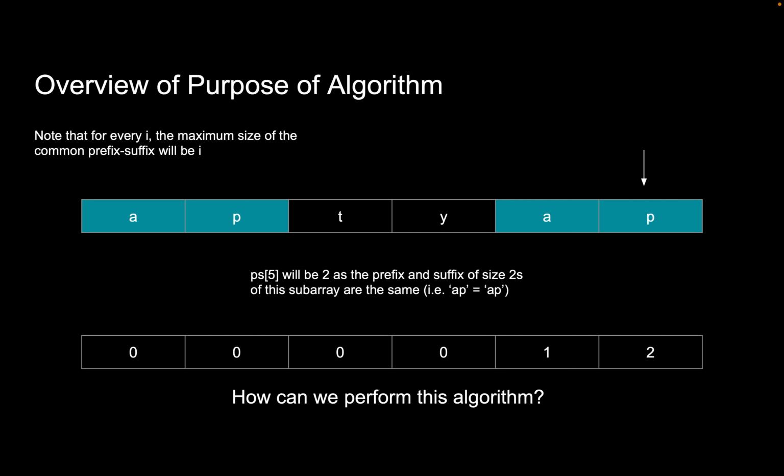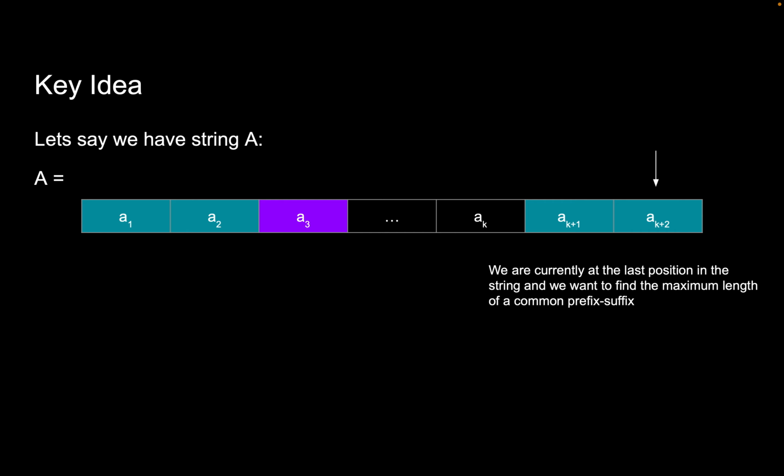We go on to the last index, then we notice that we have P here, which matches the P here. So we know that the maximum possible prefix suffix length at this index is going to be 2, as AP equals AP. So how can we perform this algorithm?